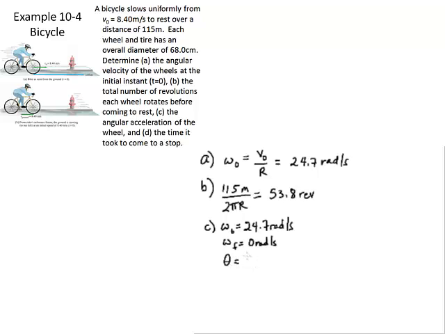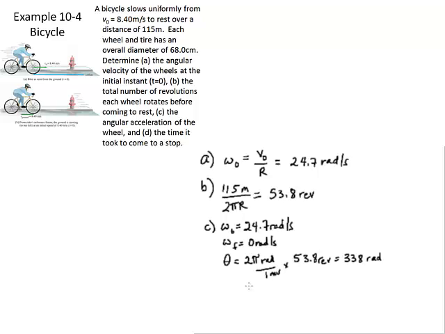We can say that theta is 2 pi radians per 1 revolution times 53.8 revolutions, and that would give us 338 radians.